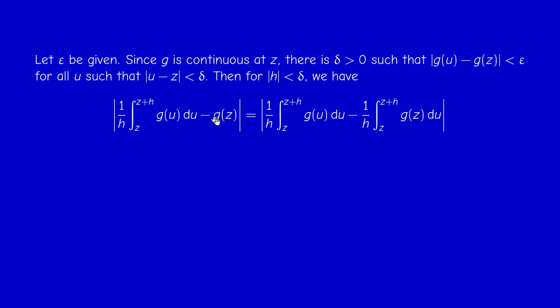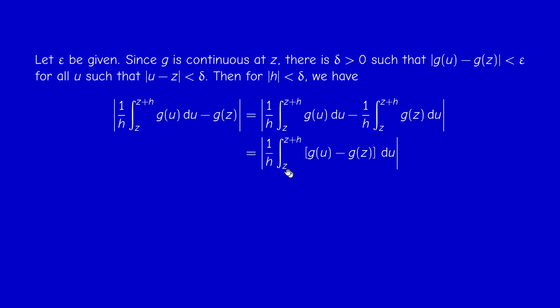And now here's the trick. This g(z) is a constant, so I can write it as 1 over h times the integral from z to z+h of g(z) du. Since it's a constant, I can put it outside the integral, and you are left just with h over h. Now we put everything under the same integral sign and apply the fundamental estimate that the modulus of the integral is less than the integral of the modulus.